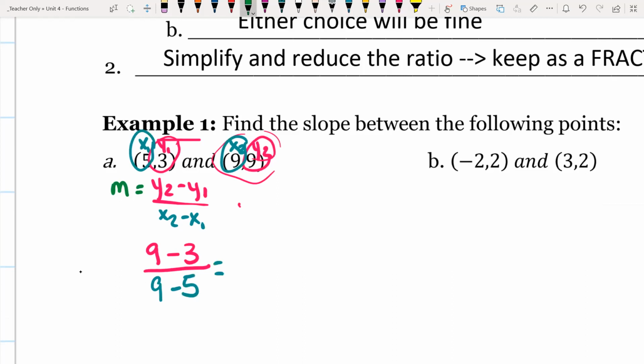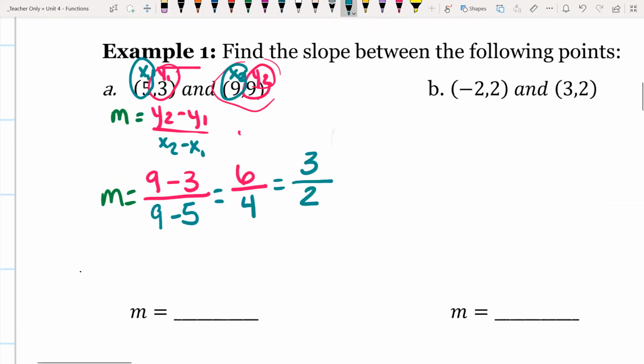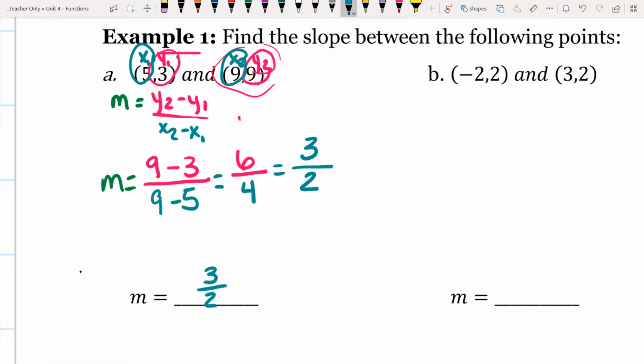Don't forget to put m equals 9 minus 3 is 6, 9 minus 5 is 4. So in theory, we'd be done here, right? But we can simplify 6/4. Divide them both by 2. So 6 divided by 2 is 3, 4 divided by 2 is 2. So now this is what my m is. It's 3/2.